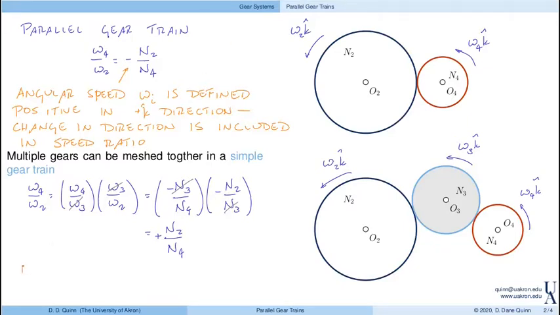So gear 3 does not change the overall ratio. If you just looked at the absolute value, it's the same for both cases, but it changes the direction of the output.